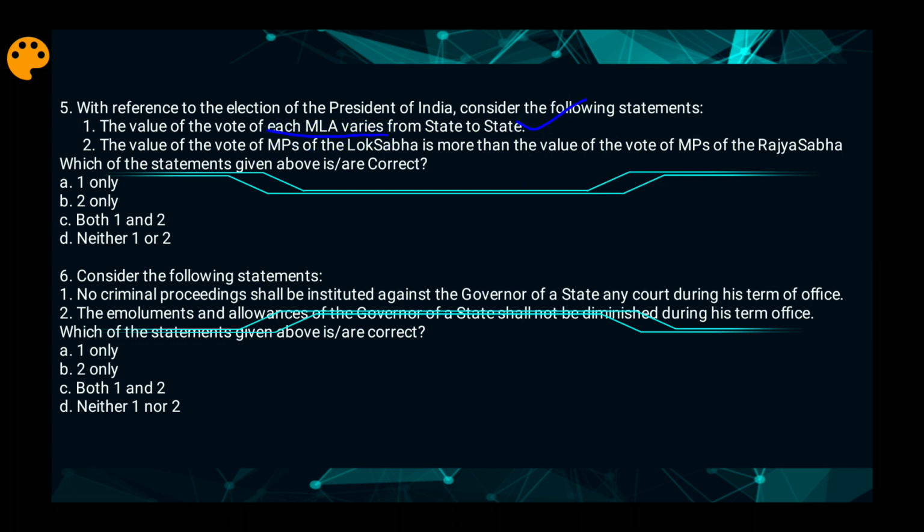Next statement: the value of the vote of MPs of Lok Sabha. Here, all the MPs of Lok Sabha and all the MPs of Rajya Sabha, because we know that the value of the vote of an MP equals 708. And how is it calculated? It is calculated by the total value of MLAs' votes divided by the total strength of Parliament, and by doing that we get the answer 708.